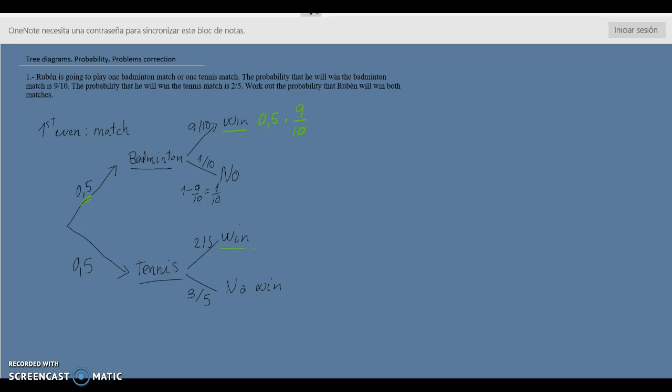And down here, we have 0.5 times 2/5. So to find the probability that he wins, we have to do 0.5 times 9/10 plus 0.5 times 2/5. And it will be 0.65. This is the probability that he will win both matches. Okay.